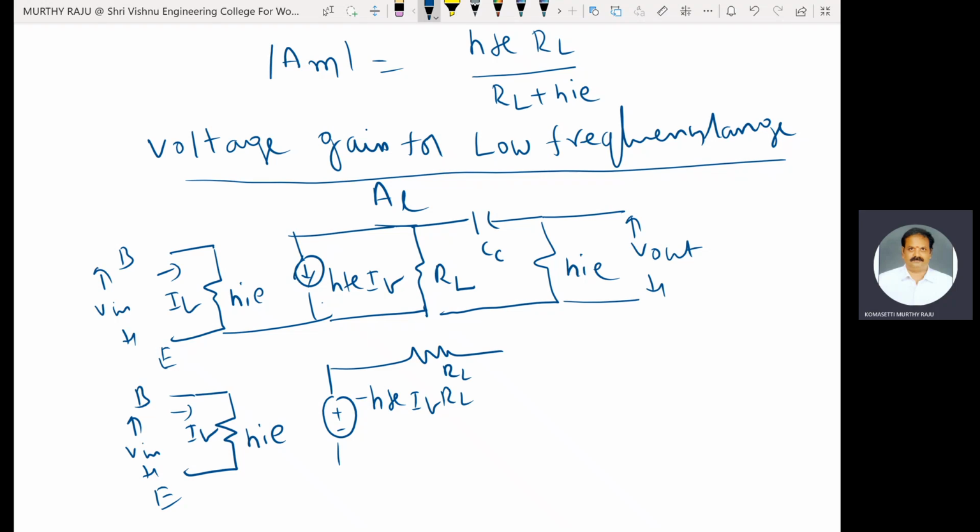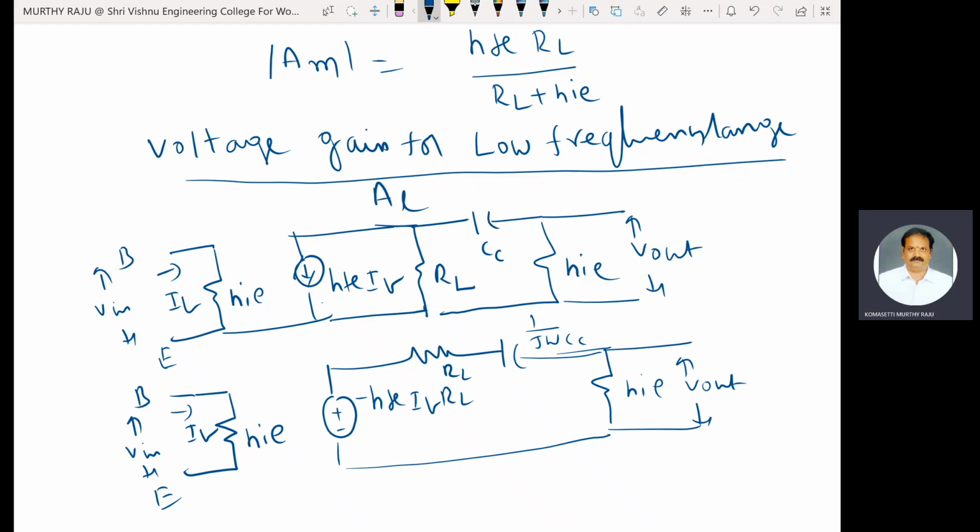This one is CC, with value minus 1 by j omega CC. The reactance of that coupling capacitor, 1 by j omega CC, must be included in the low frequency range. In mid frequency range, it is not included, it acts as a short circuit. This one is V out.